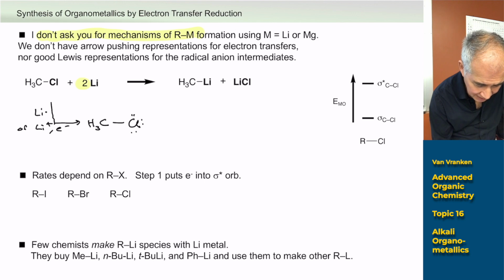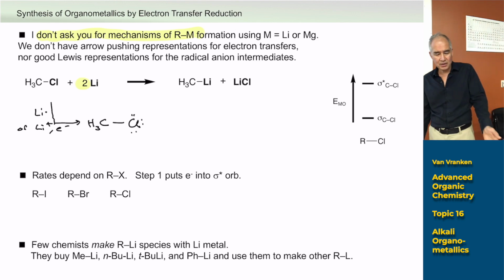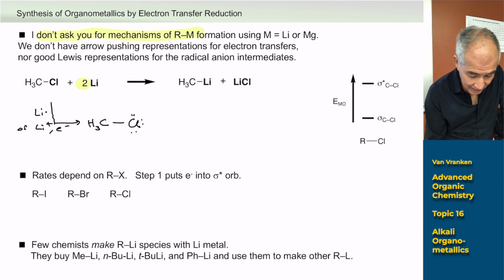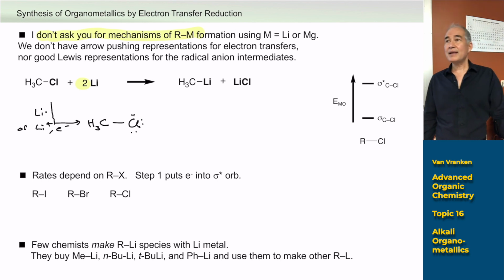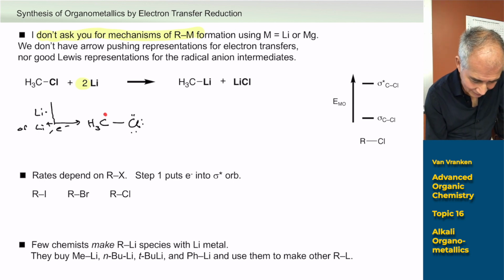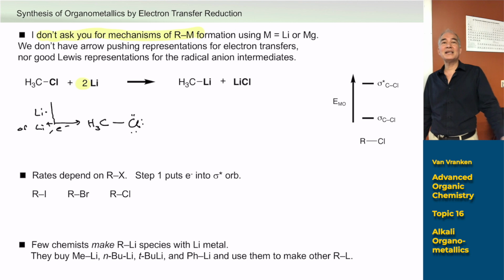How am I going to depict this when I give an extra electron to this simple organic halide? I don't want to put an extra dot over here on the chlorine. That would look crazy. We don't typically put 9 valence electrons on atoms, even chlorine. There's no way in the world I'm going to put 9 electrons on carbon. That is fundamentally impossible.